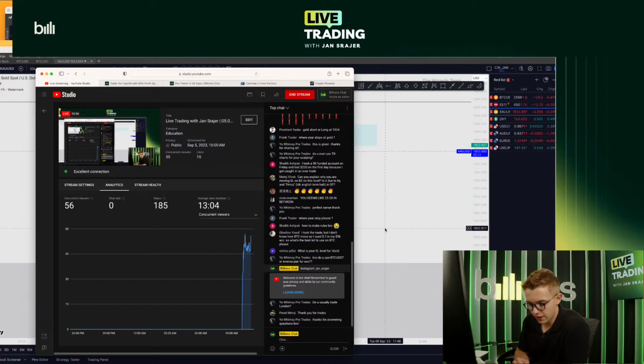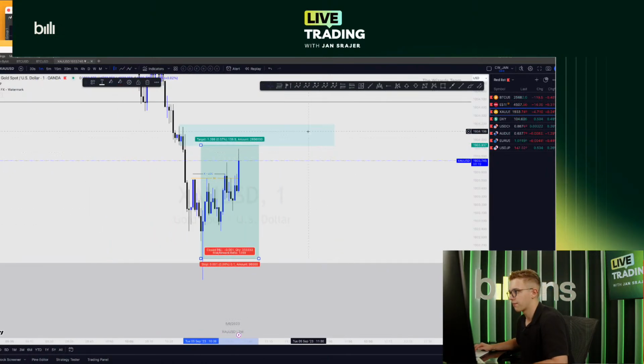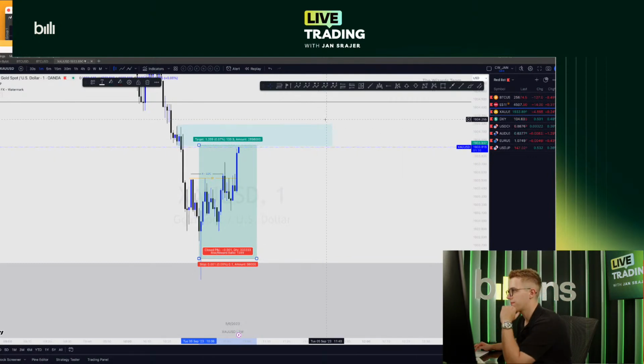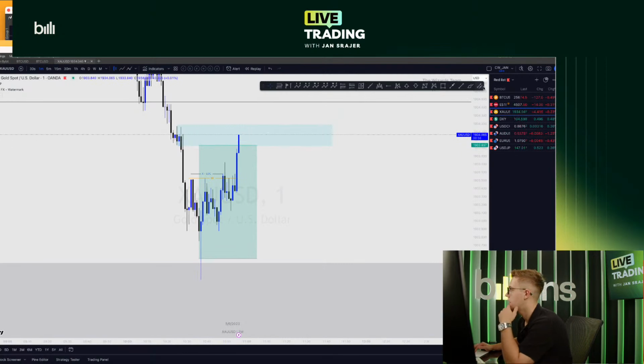We are hitting the TP level now, so this is another $400 made. Very good. So $400 secured. That's it. And it's supposed to break even, 2 lots left. Easy trade.